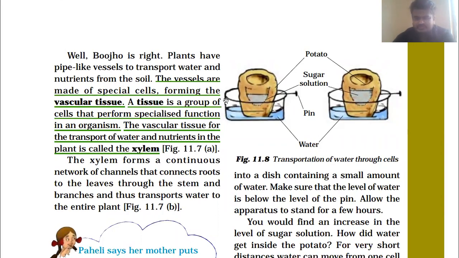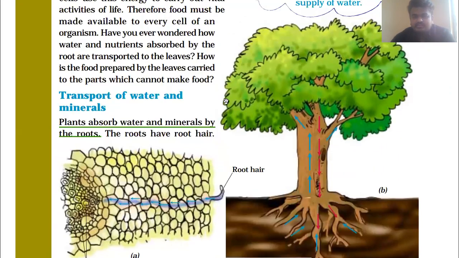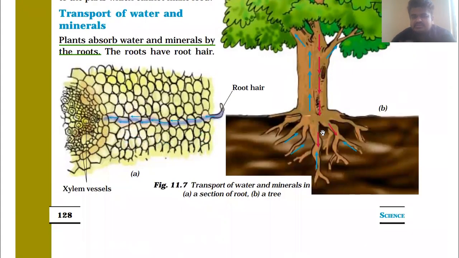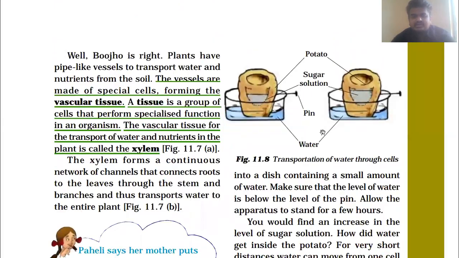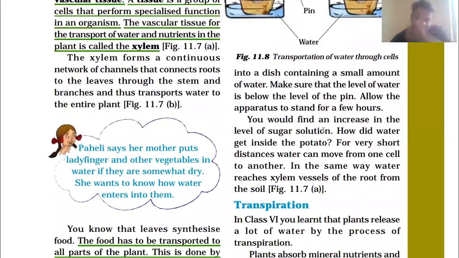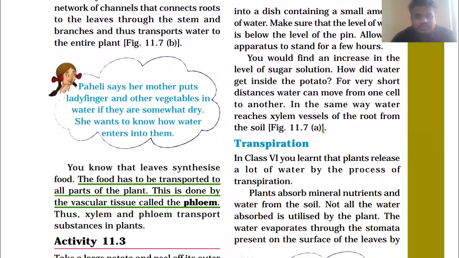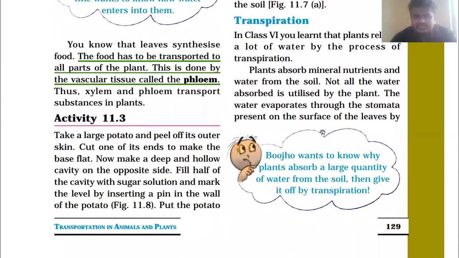for the other parts of the plant. The food prepared by the leaves is transported to the other parts. Here you can see in figure 11.7b, with the help of pink arrows, they have given the direction. So in this session, we will discuss activity 11.3 and our next topic, transpiration.